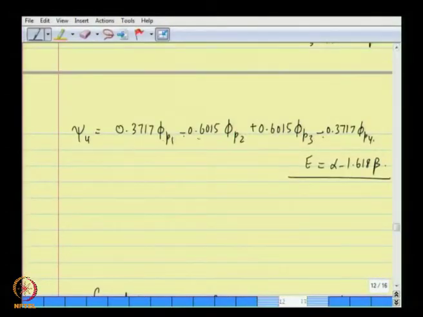Any one of these, square, square, square, square, add them all up, it is 1, and that is what you have.